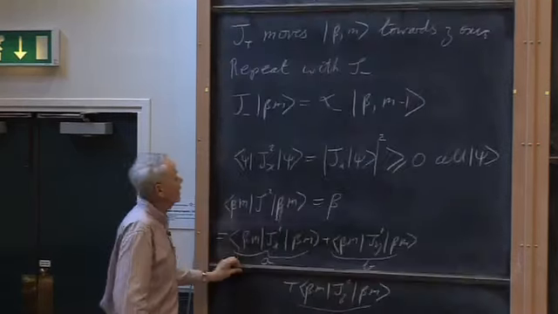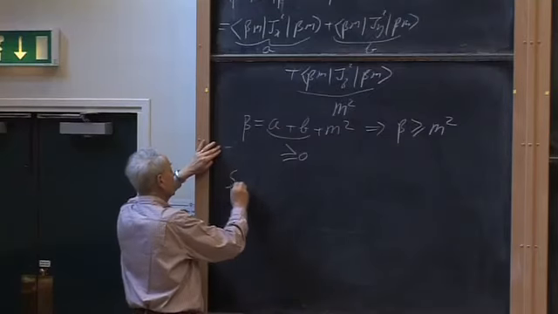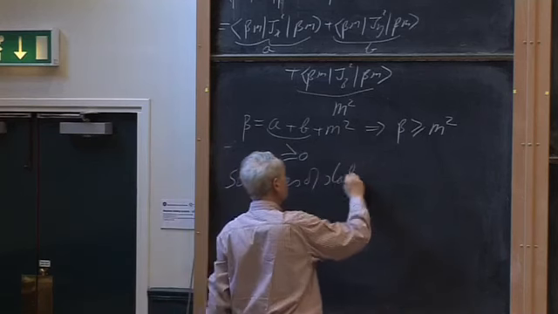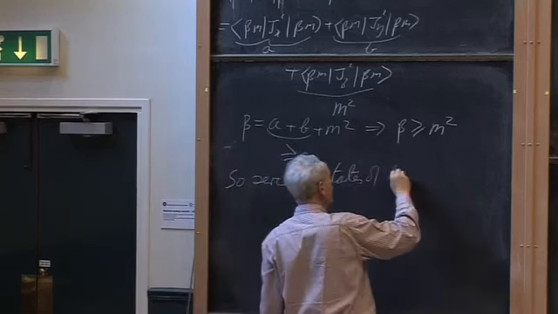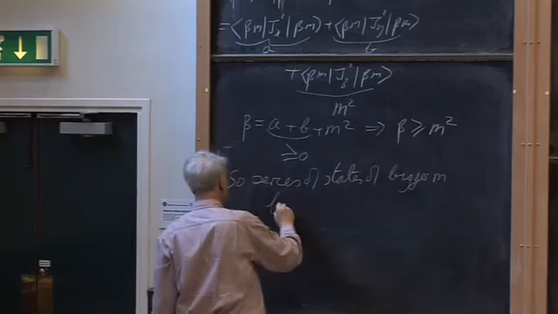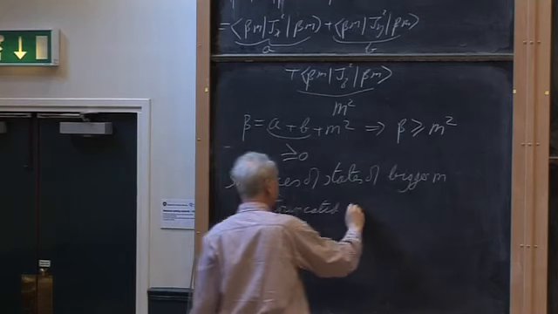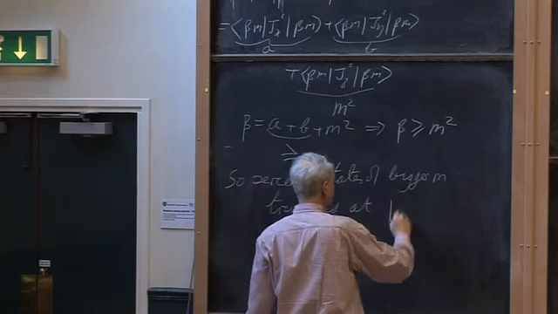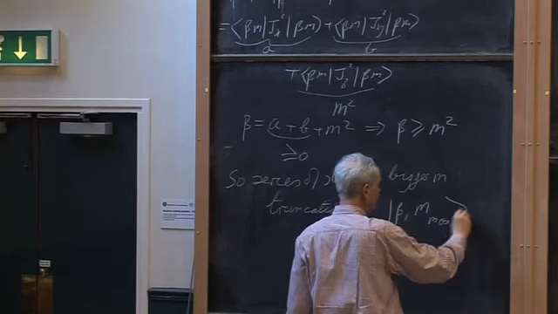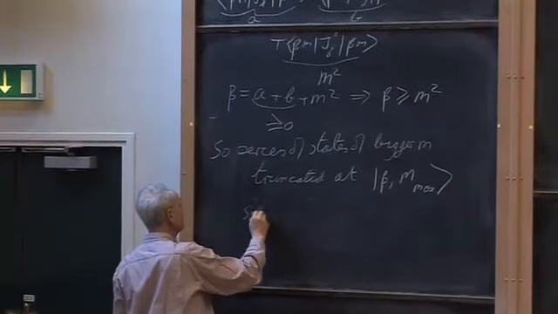What gives is that eventually the series of states of bigger m is truncated at beta m max, for the maximum value of m, such that, how does this happen?